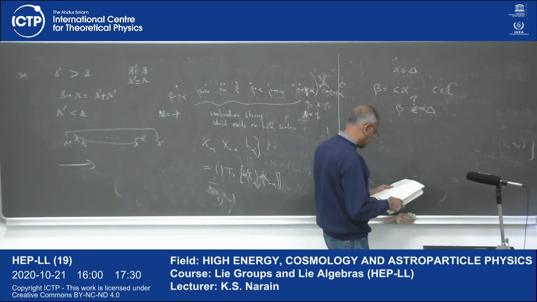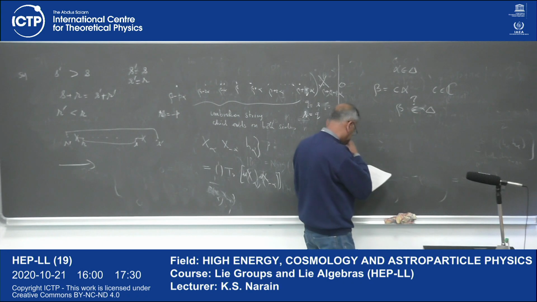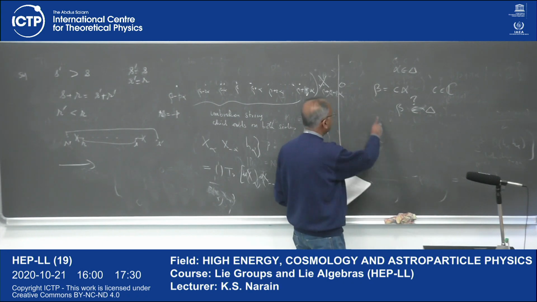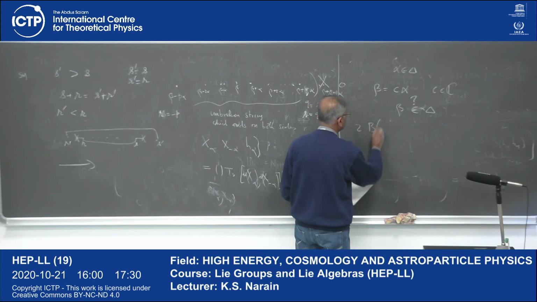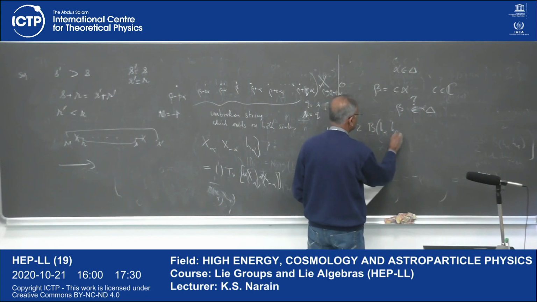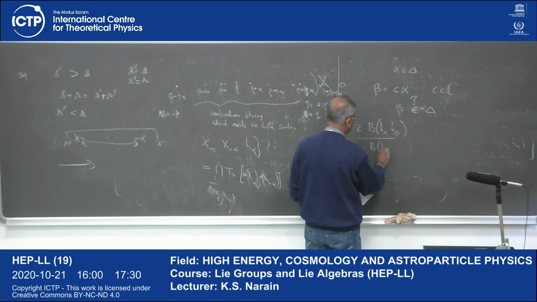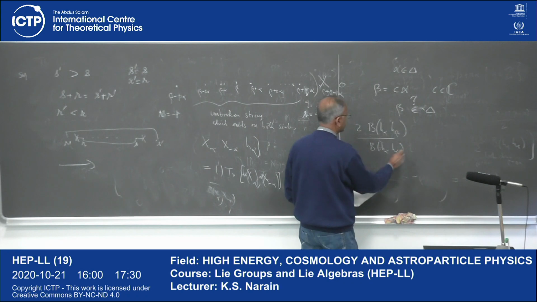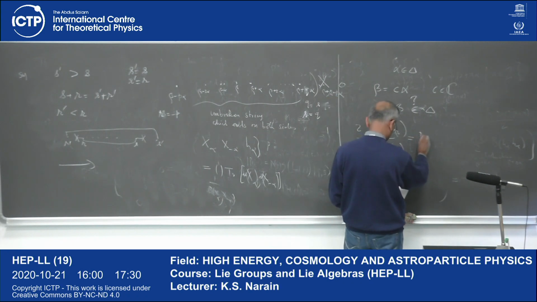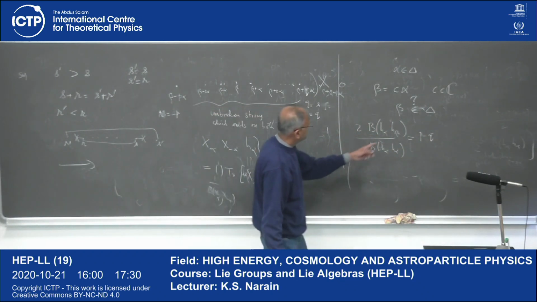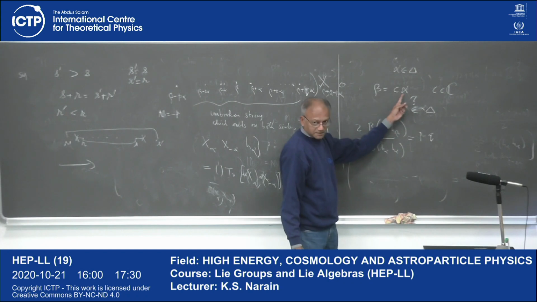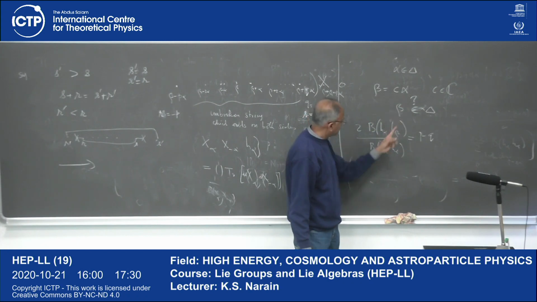Okay, so the answer to that question is, again, let's look at this formula: 2 B(H alpha, H beta) divided by B(H alpha, H alpha) is equal to P minus Q. So this was the first part. But now specialized for the case where beta is equal to C alpha. So what will happen?